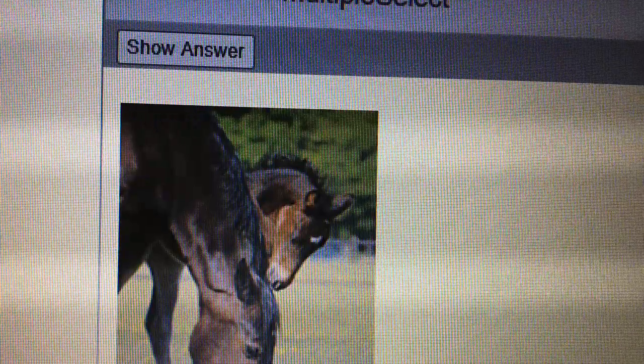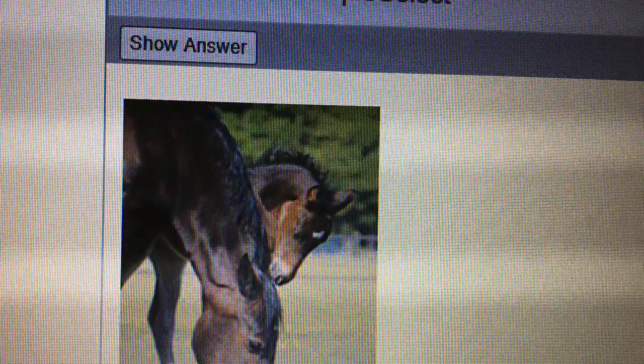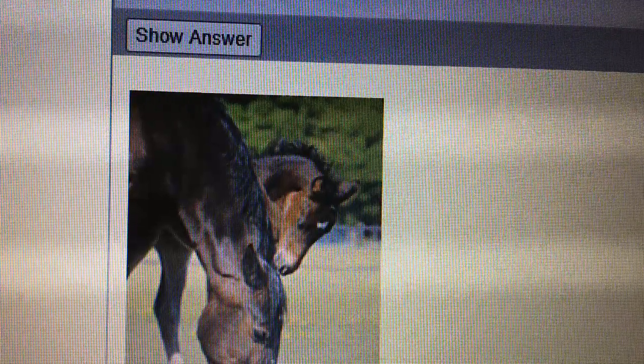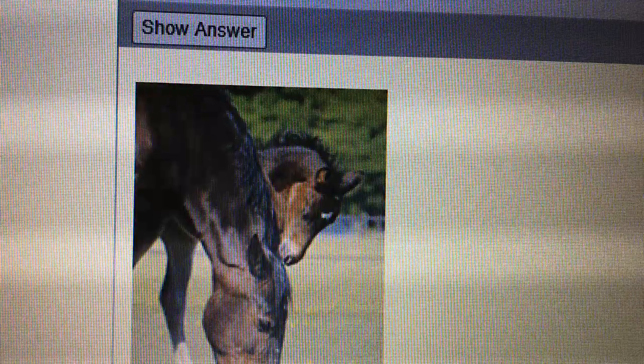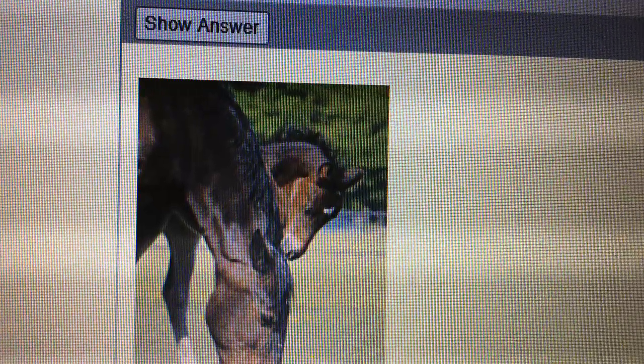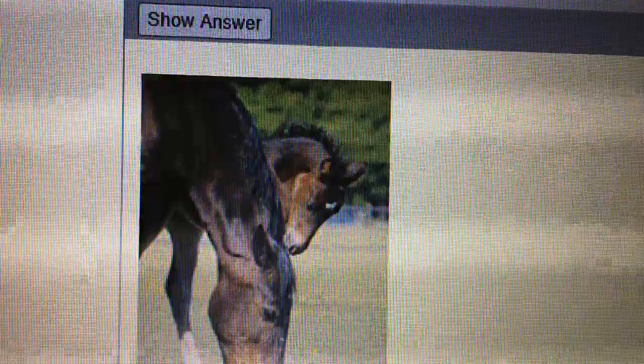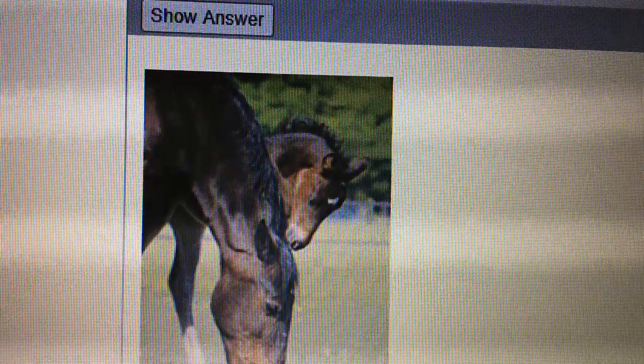Question 9. Beauty is a beautiful chestnut mare. Star is her newborn foal. If you compare beauty to star, which words tell about beauty? Click on the boxes to choose. Choose all the right answers.